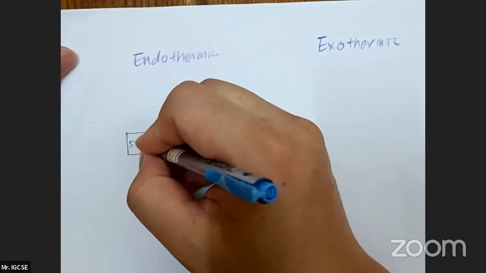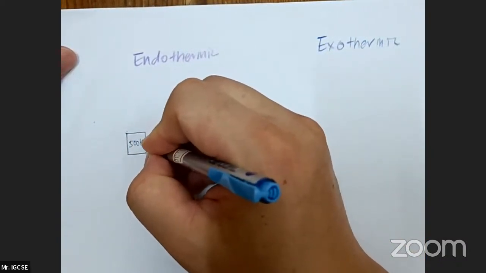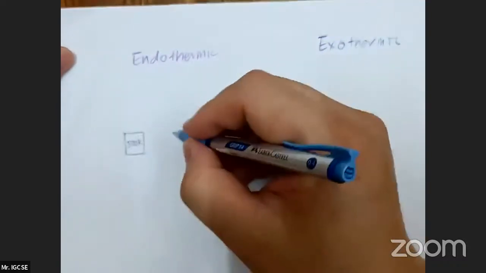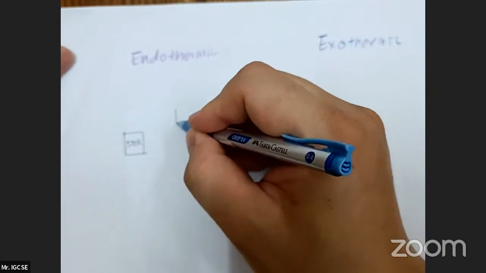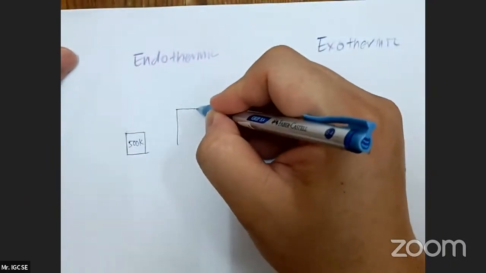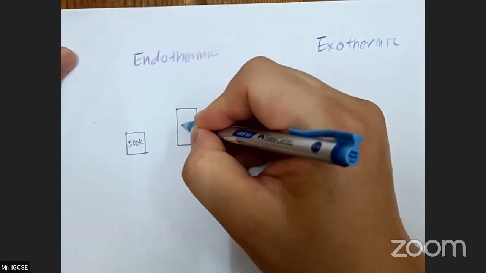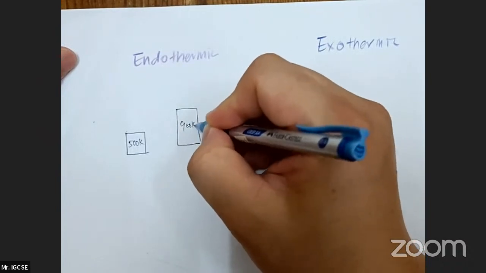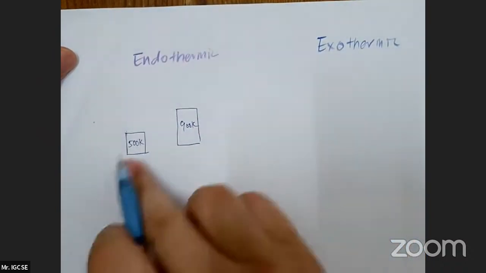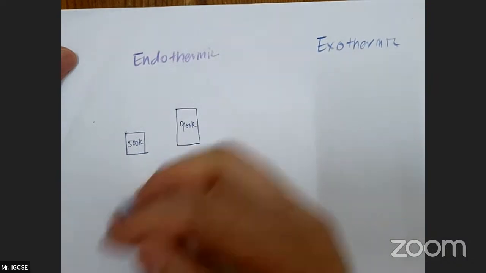For example, we have 500 K joule, and after the reaction, this item contains 900 K joule. Can you see the energy contained?